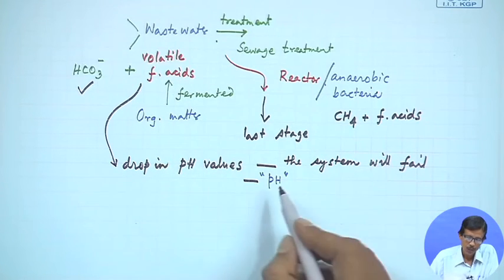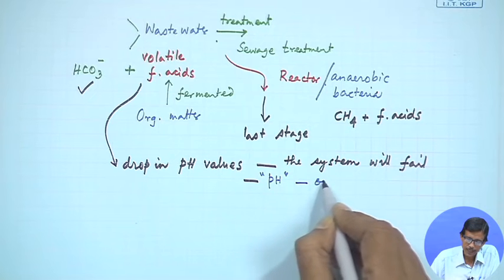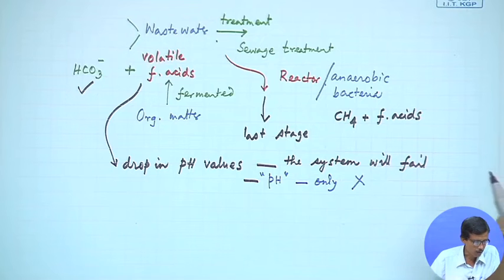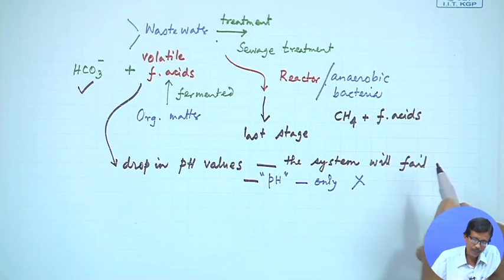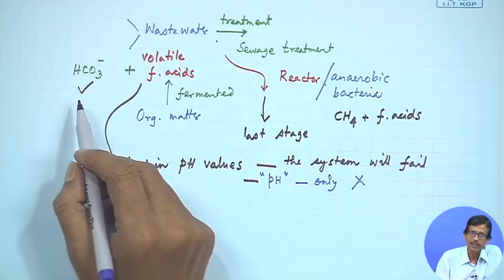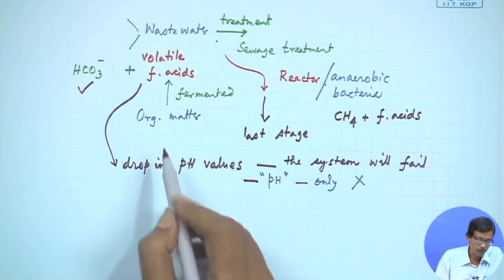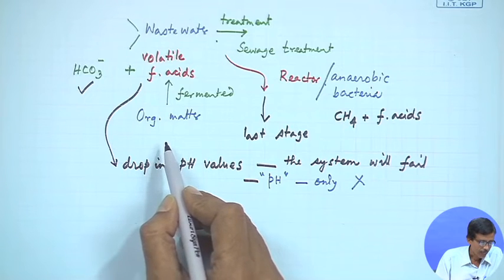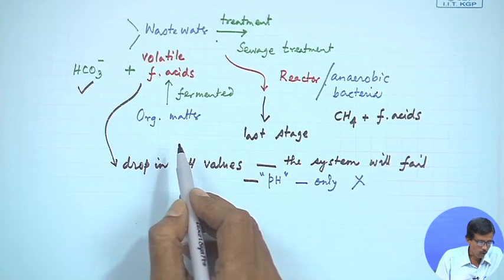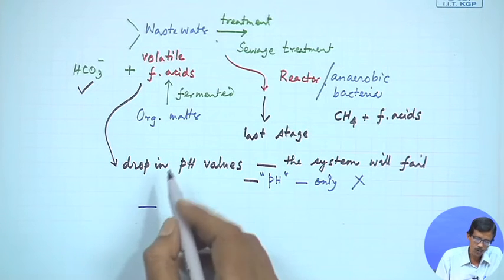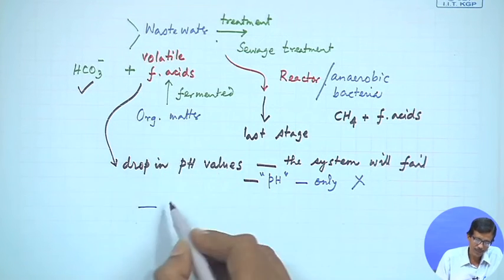Only pH determination will not help us a lot. Instead, the typical titration reaction is very useful, as we can determine the volatile fatty acids.